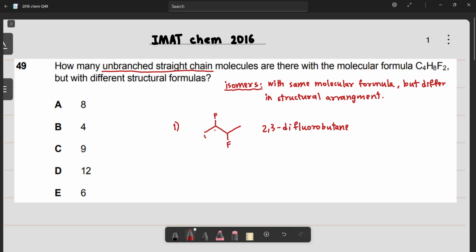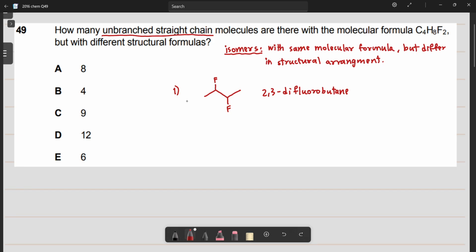Like here, 1, 2, 3. You might not find much difference here because you can even count from the other end and get the same result. But as we move forward, you will find the major difference and why this rule is very important. For this question you don't really need to know the names, but it's still important for understanding.